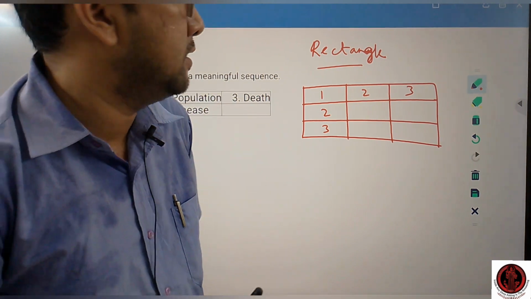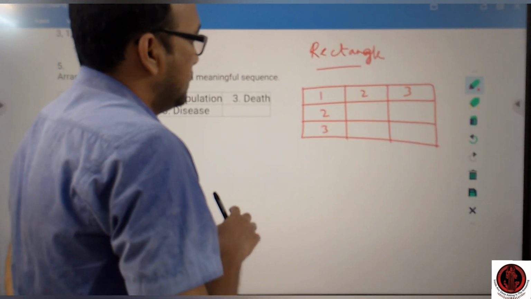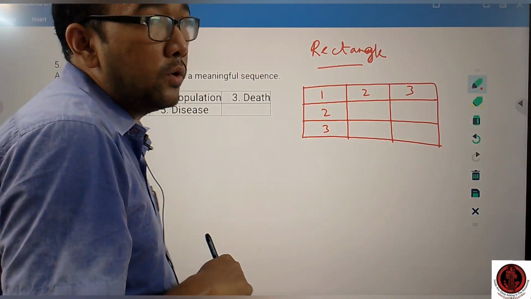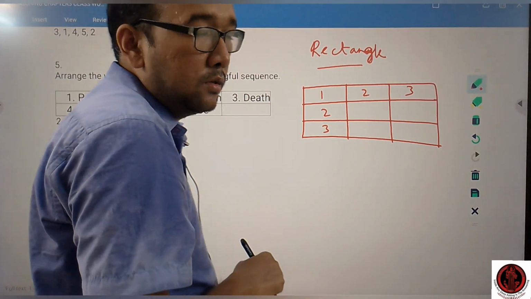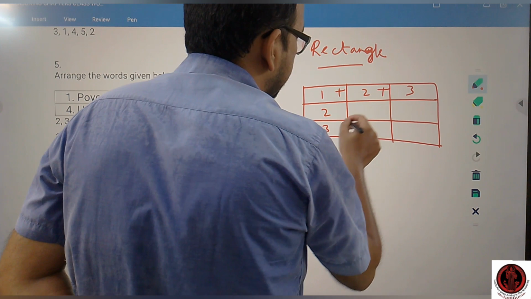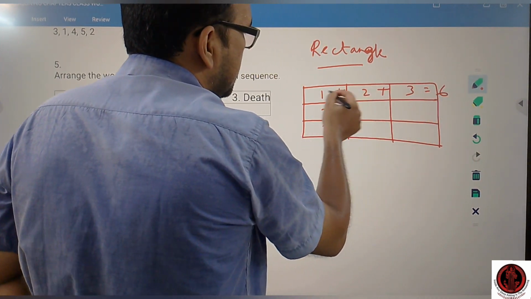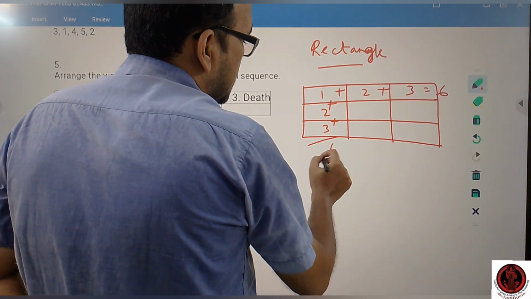कितने rectangle है, you have to count actually. So the method is, you have to just add the row and column. First numbering the row and column, then you have to add. So 1 plus 2 plus 3, that is 6. Then add this one, 3 plus 2 5 plus 1 6.